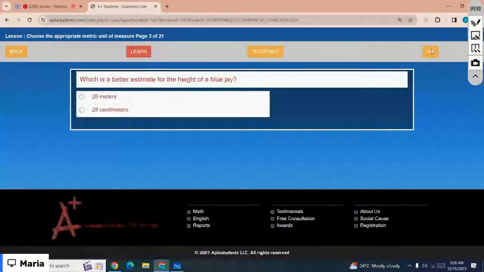Which is the better estimate for the height of a blue jay, which is the correct option?